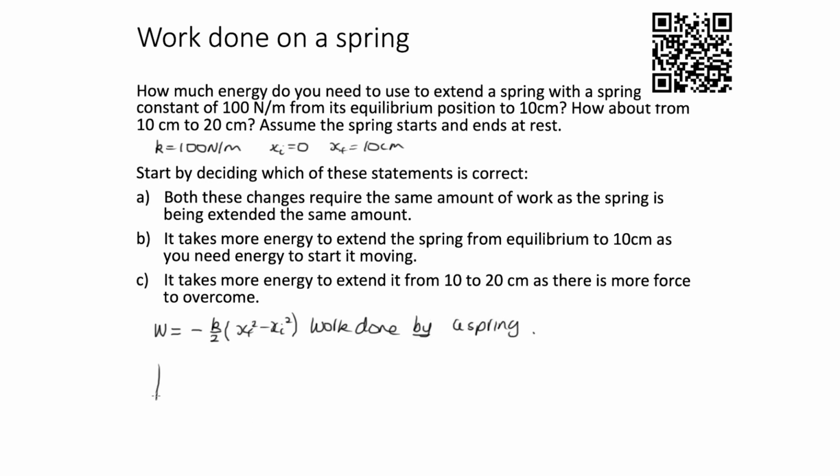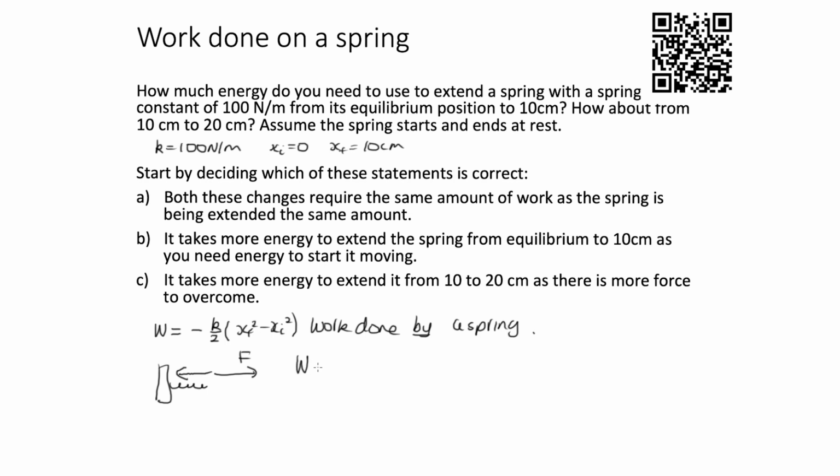Now the difference is, in this case we've got our spring like this, and we're applying a force this way to extend it. This equation here is describing the force which the spring is applying back in the opposite direction. So the force that we need to apply to extend it is equal and opposite to the force that the spring applies on the object. So the work is also opposite.